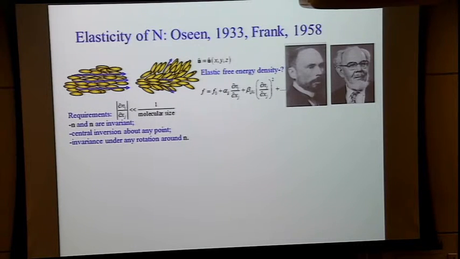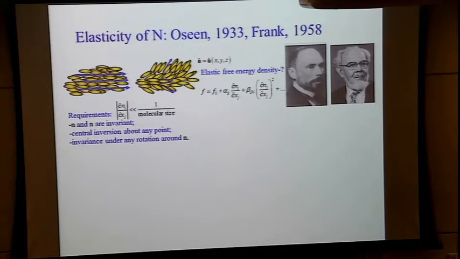But then these terms should satisfy a couple of additional constraints. First, of course, that the gradients are always small, meaning smaller than 1 over the molecular scale. n and minus n in my final expression for the free energy density should not be distinguishable from each other.